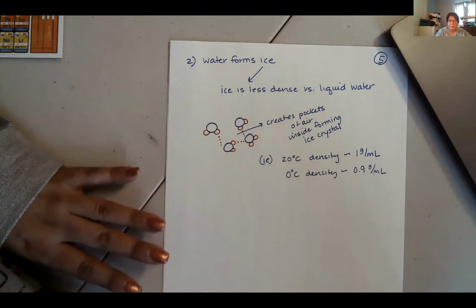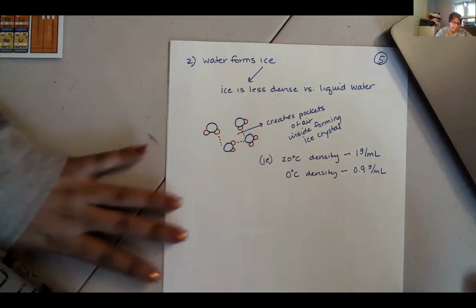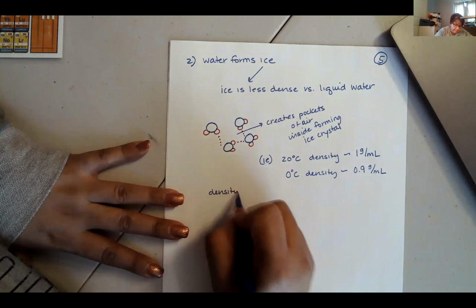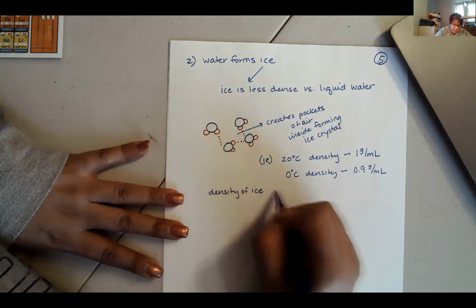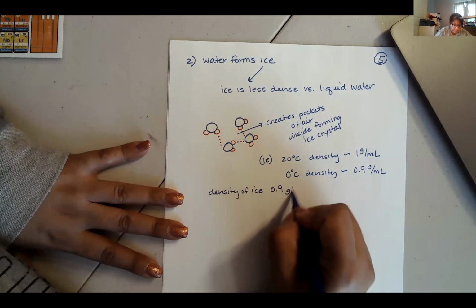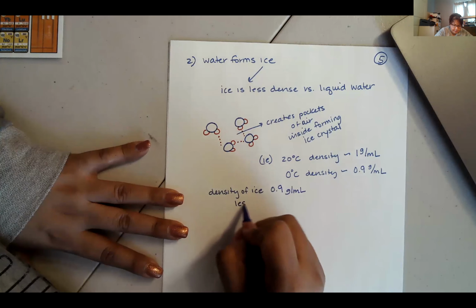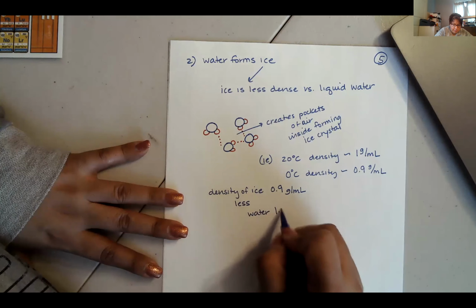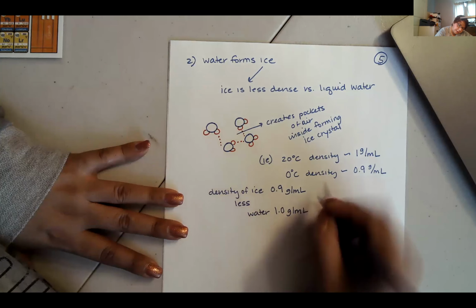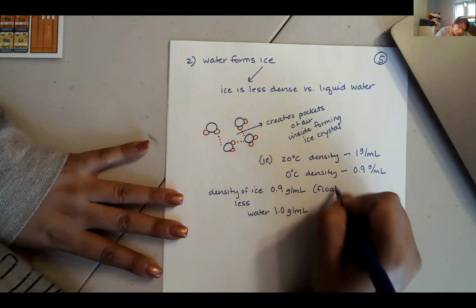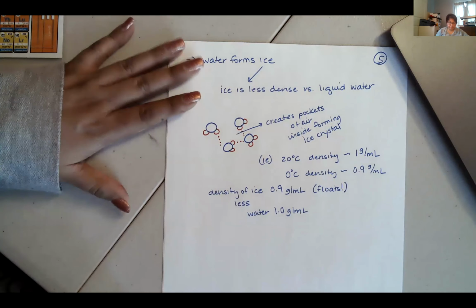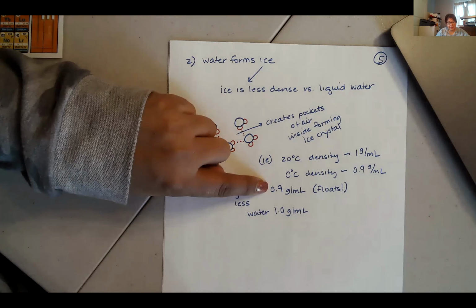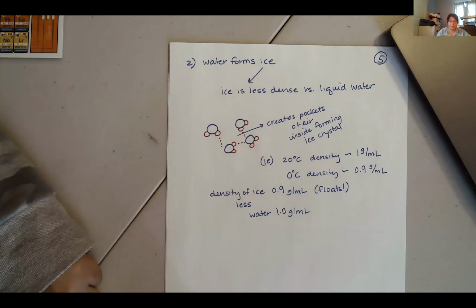It doesn't seem like a big difference, but because the density of ice at 0.9 grams per ml is less than water at 1 gram per ml, ice floats. If you're going to sink in water, you have to be bigger than 1.